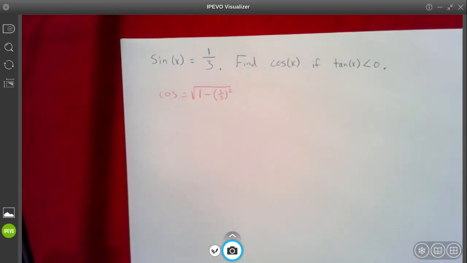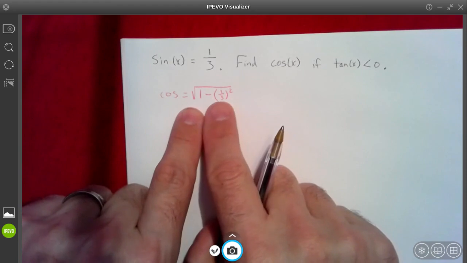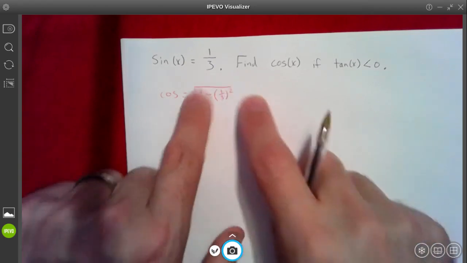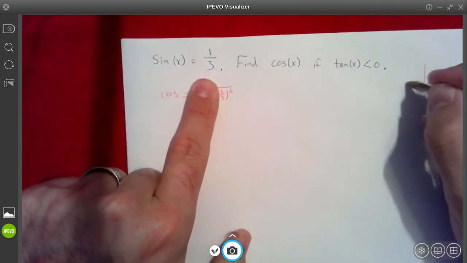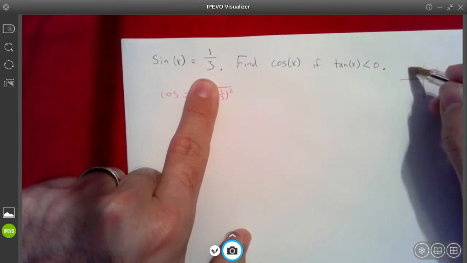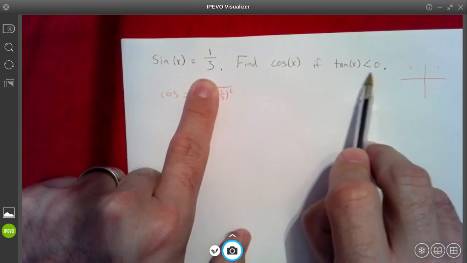Whenever we work this out, this is going to give me the sign of our answer. We should stop where we're at and figure out whether our answer is going to be positive or negative. We know that sine is positive, so I know I'm in quadrant 1 or 2, but here it tells me that tangent is negative.